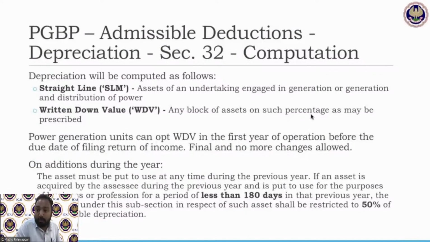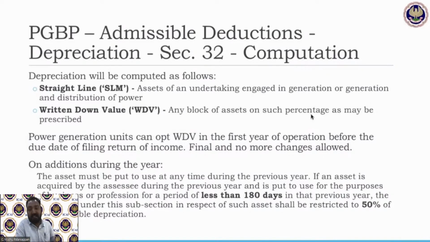Now, how do you provide depreciation? When should depreciation be provided? In that year. Every year you provide depreciation. How much should you provide? For that, you should know the method in which you can claim depreciation, and the rates at which you can claim depreciation.